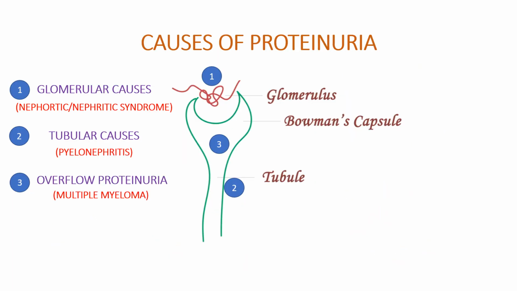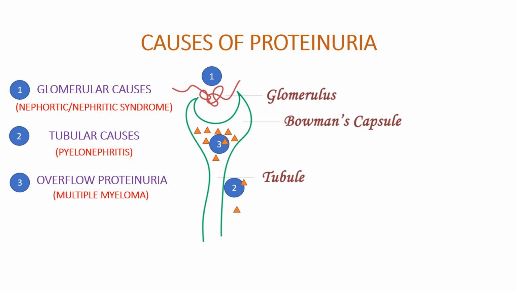As they produce a lot of immunoglobulin light chain, all of it comes into the Bowman's capsule, because remember these are small particles which are filtered by the kidney and are supposed to be reabsorbed by the tubule. So when all of these come into the Bowman's capsule and go to the tubule, only some of them get absorbed by the tubule. Imagine this is very similar to what happens in diabetes mellitus and glucose.